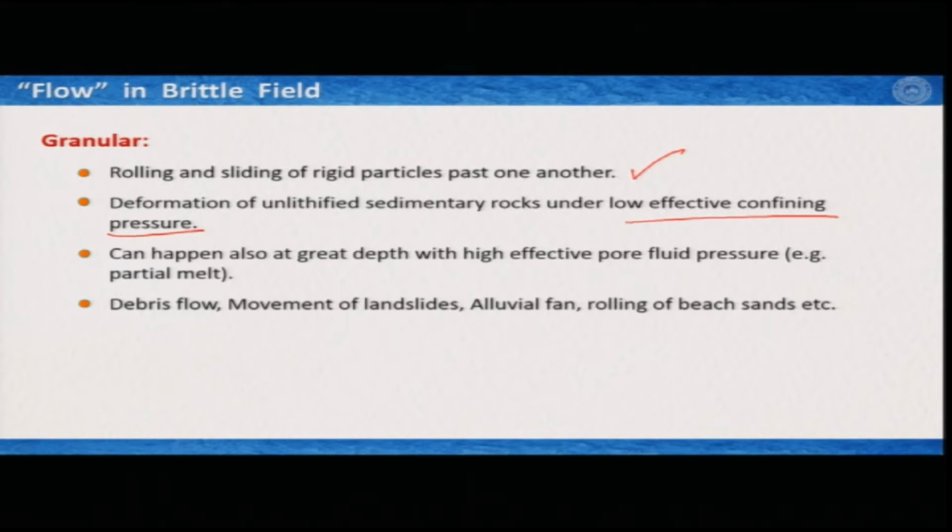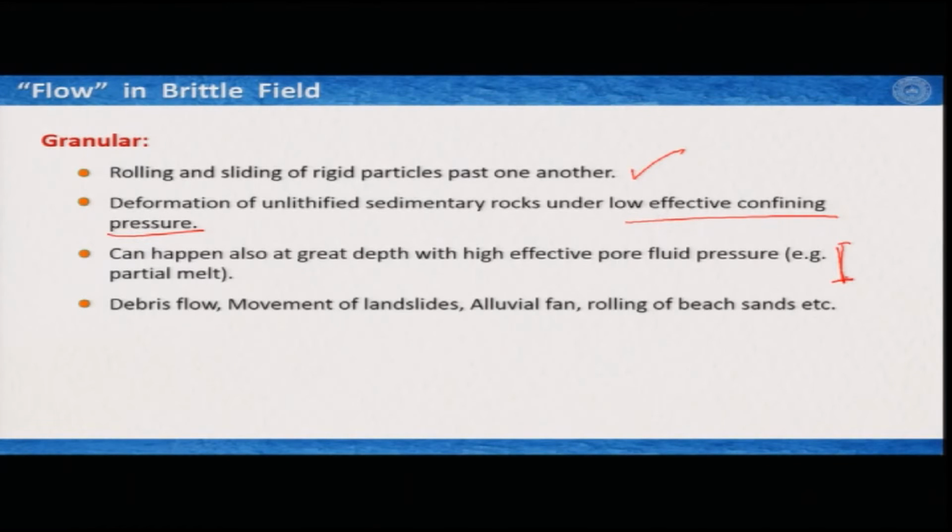However, it can also happen at great depth, where the effective pressure is also reduced if we have a good volume of partial melt in the system. As we have learnt in one of the previous lectures, if the pore pressure is significant compared to the confining pressure, then the effective confining pressure reduces.